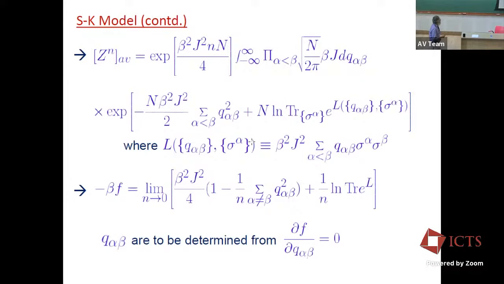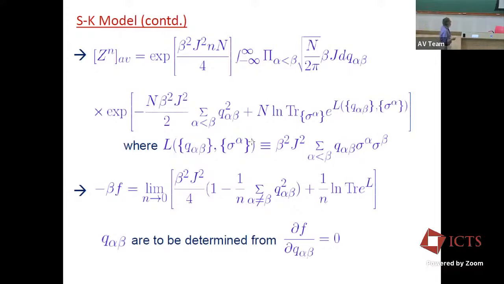And we have here a function of this q alpha beta. This part of the function is quite simple, but the other part is not quite simple, because you have this q alpha beta here, and then you have this sigma alpha, sigma beta. You have to take a trace over that, and then take the log, etc. But you end up eventually with another function of this set of parameters q alpha beta.